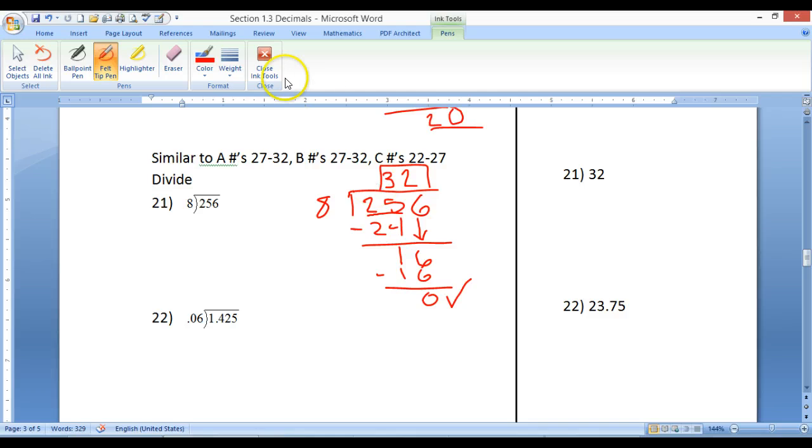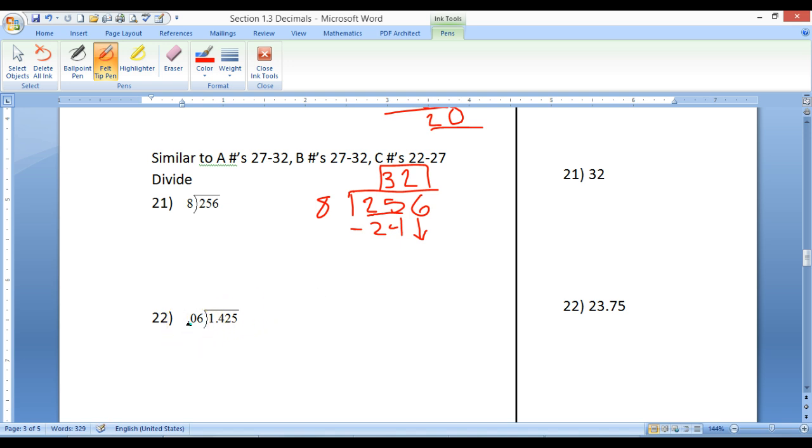This one has decimals, and I'm going to need some room, so I'm going to erase some of this. Okay, so this next one, it has some decimals in it. Now, the decimals don't matter when they're underneath in the division sign. However, they do matter when they're on the outside.